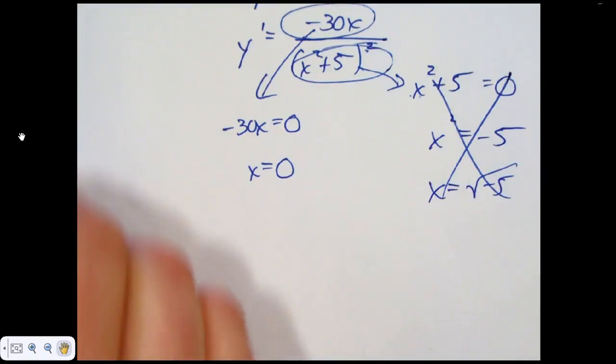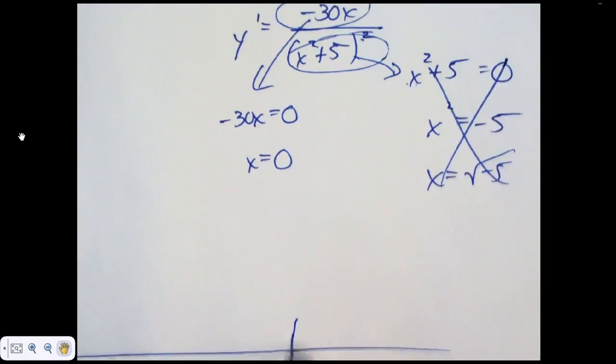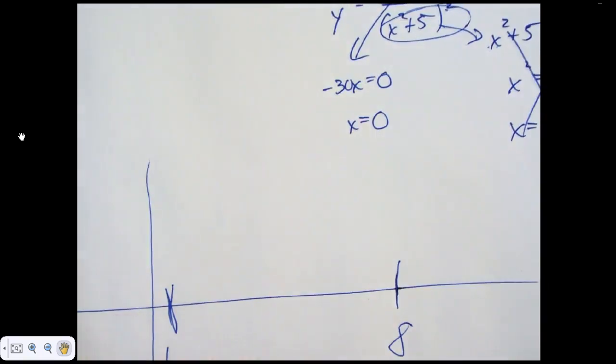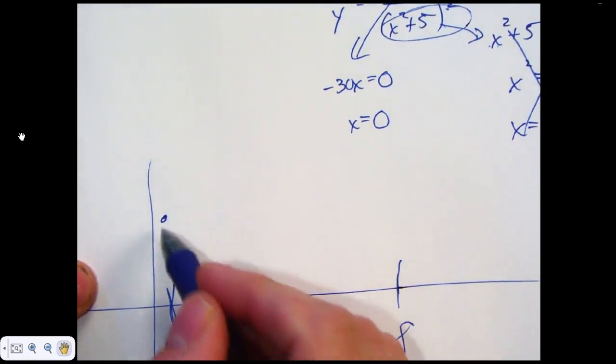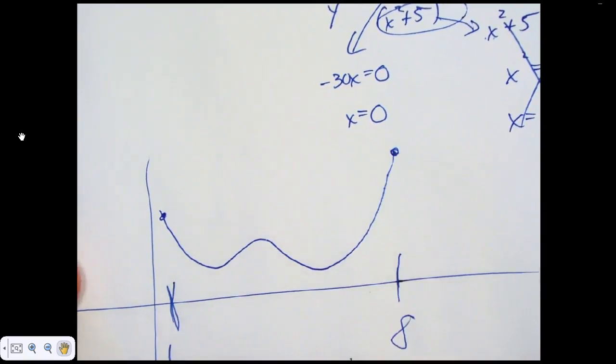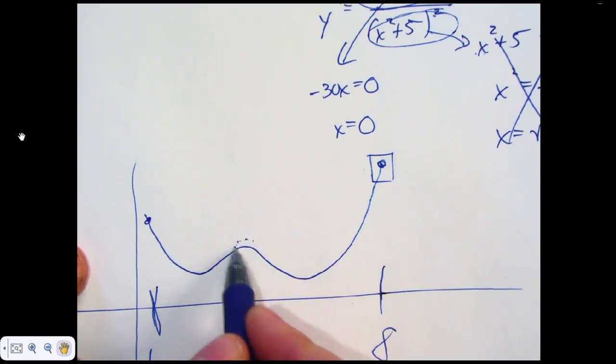So absolute is over the entire graph. So let's say I gave you between 1 and 8, and the graph looked like this. Well, your absolute max would be this. But you've also got a relative max there.